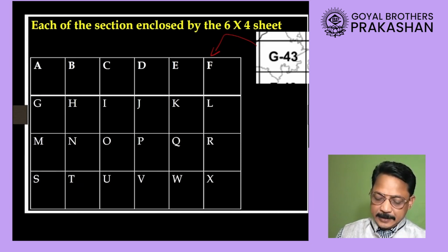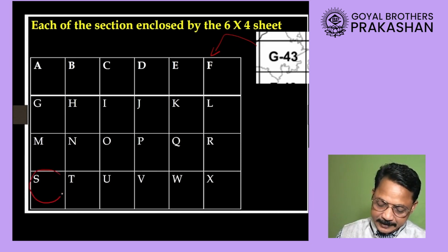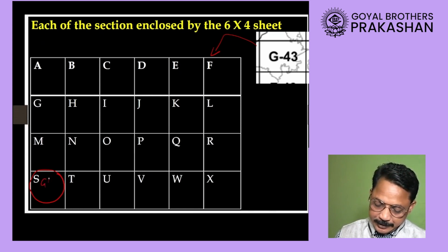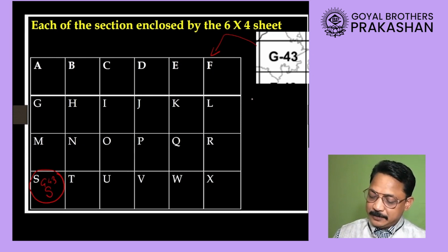And in that one, dear students, when I take this part, what is seen over here? Yes, it is 7. So when I take this section, it will be G43's section S. So that one will now be written as G43S7.